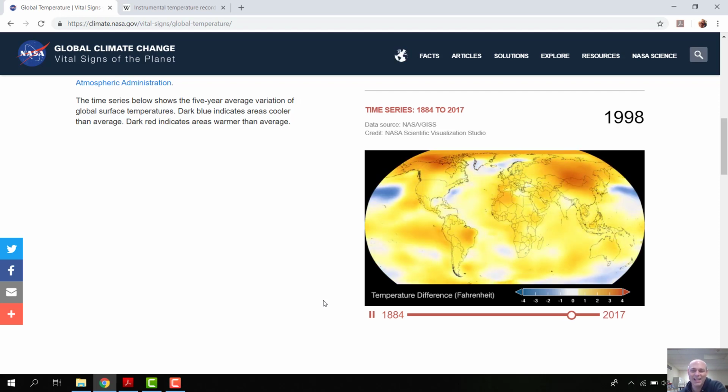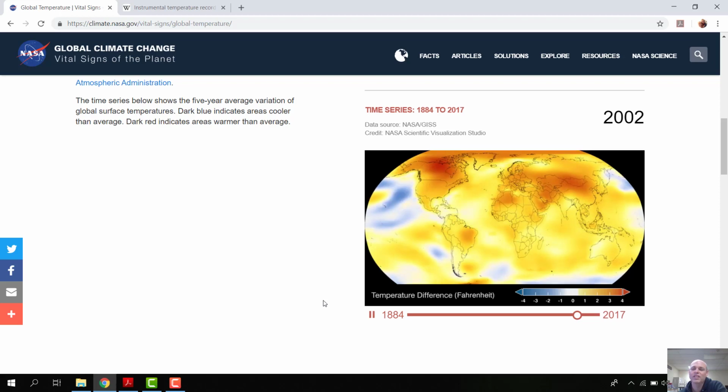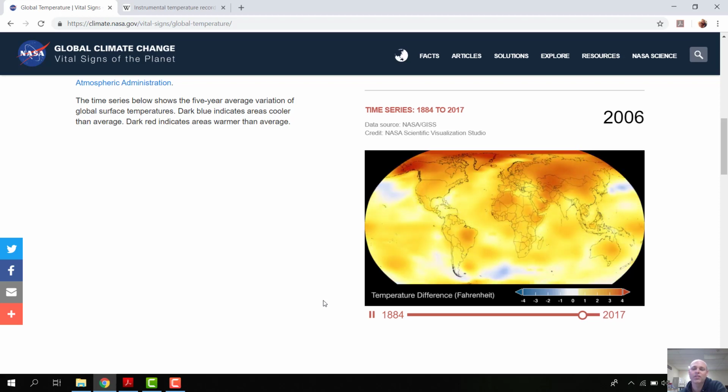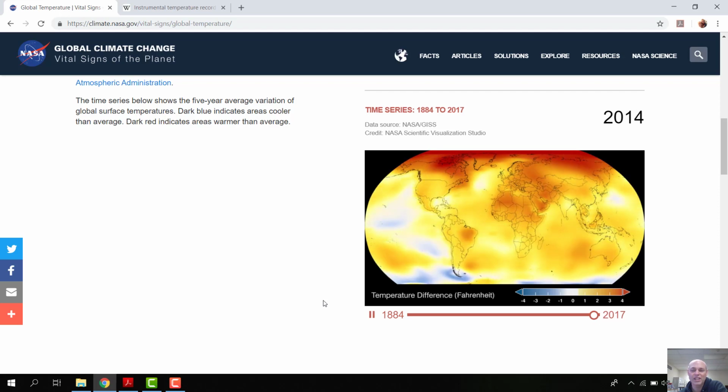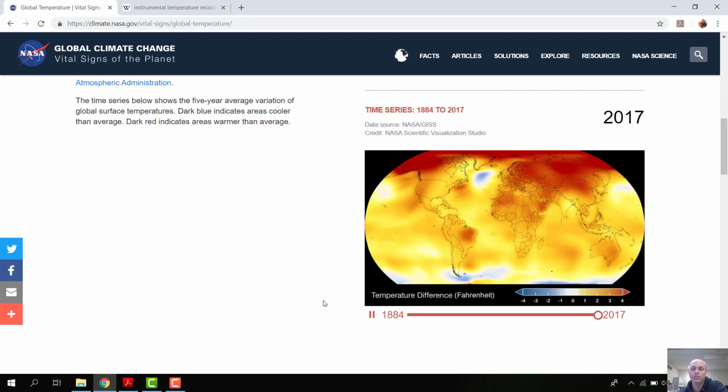As we get into the 90s, it starts to get into the reds and oranges, all of which indicate higher than average temperatures for a very large period of time. We're talking probably 30 years where we've had these really high anomalous temperatures, directly linked to carbon dioxide that we as a society have put into the atmosphere.